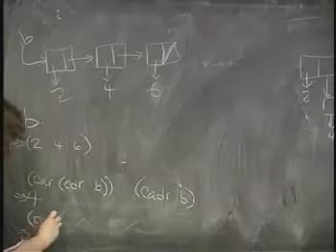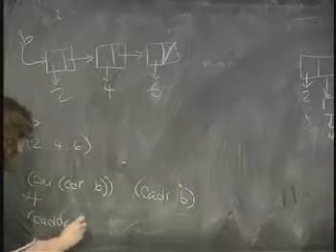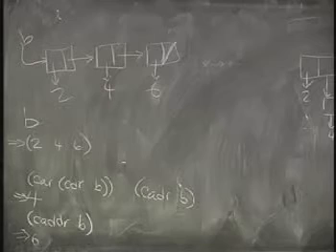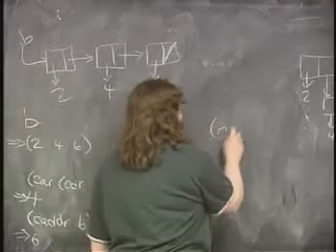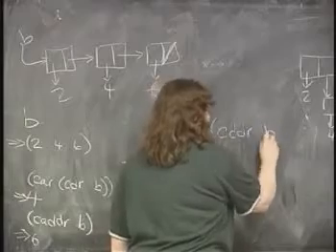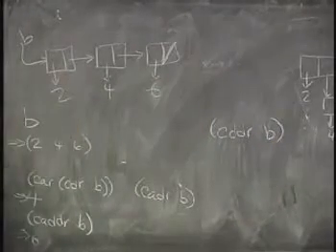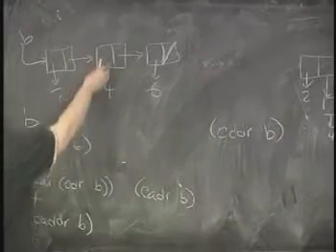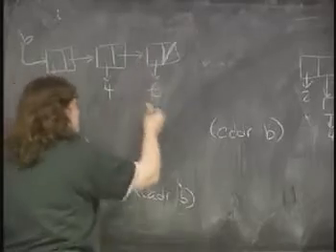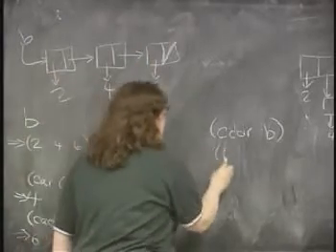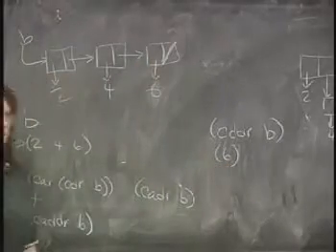So it'd be the car of the cdr of the cdr of B. What would we get back if we asked for the cdr of the cdr of B? Well, if we take the cdr of B, it's this, right? We take the cdr of that, we're going to get the list 6 returned to us.